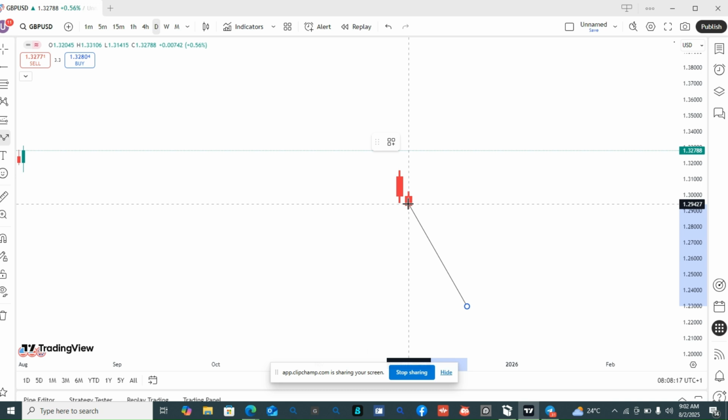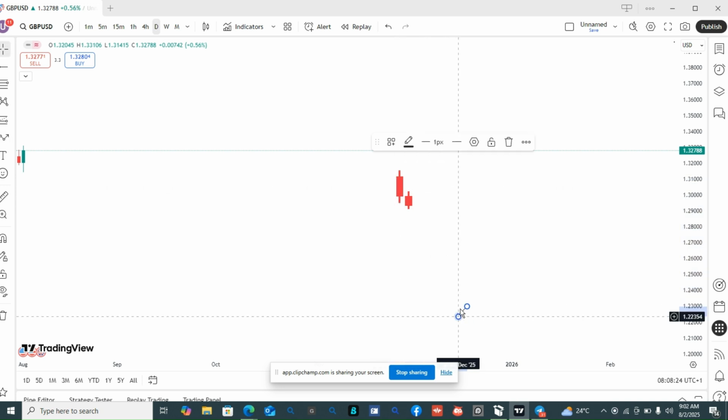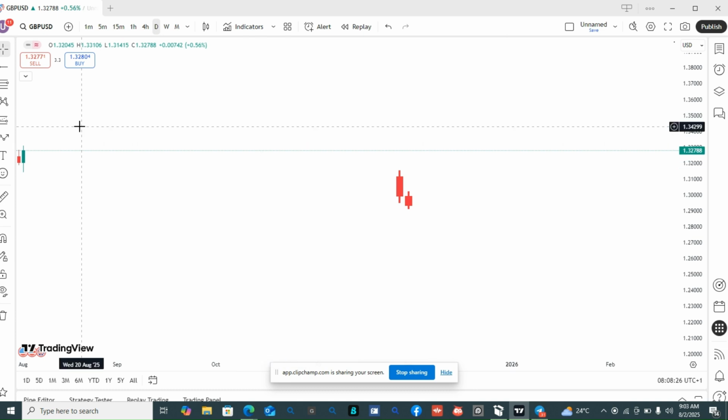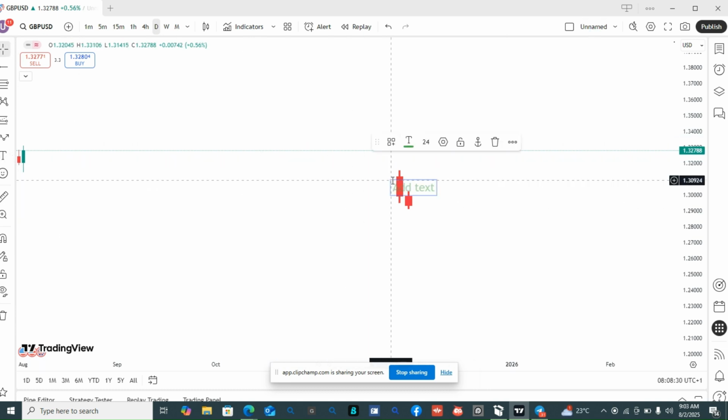day close candle. So you look at this screen now, you're seeing two red candles. Let me use numbers to mark it. This one is your first day candle, candle day one.